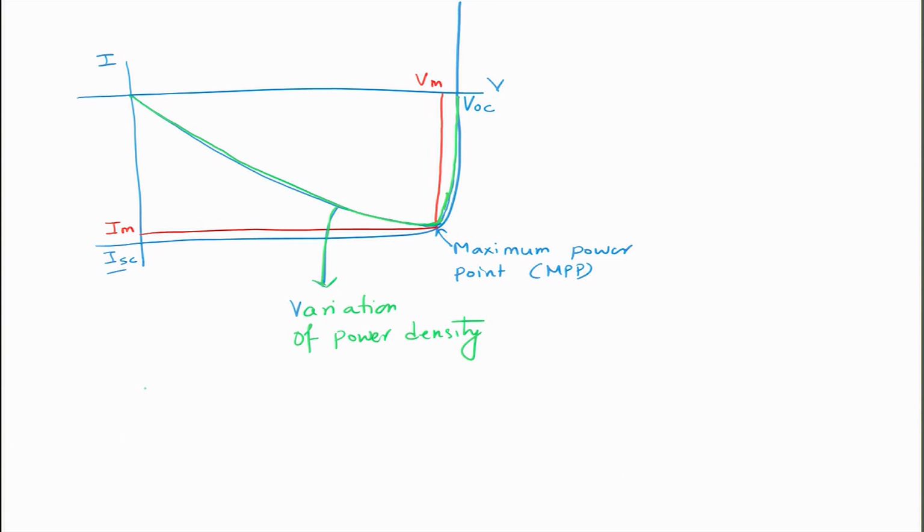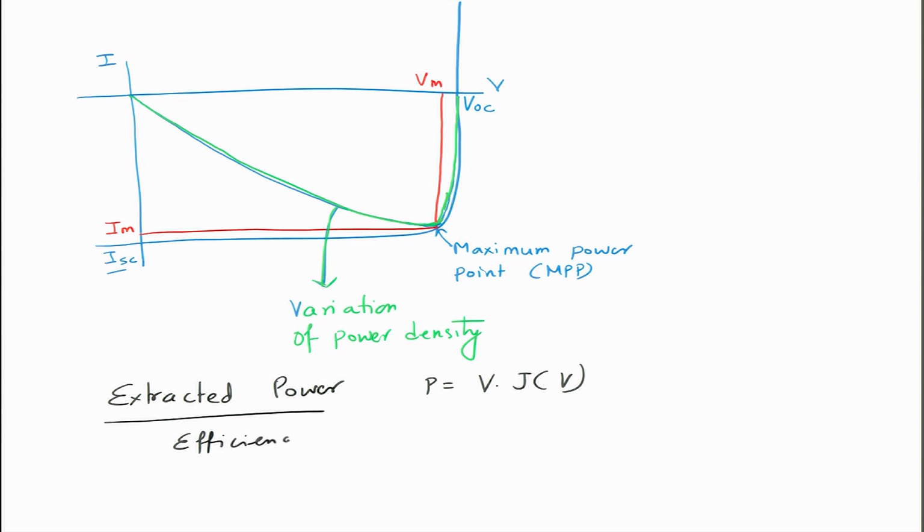So, the extracted power of a solar cell is P equal to V into JV, and efficiency is equal to V into JV divided by PS, and this is maximized when d of JV into V versus dV is equal to 0, right, because it shows a maxima here.